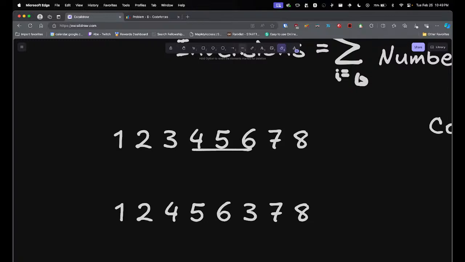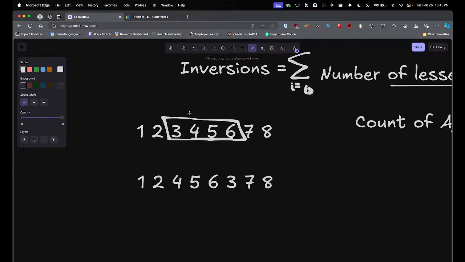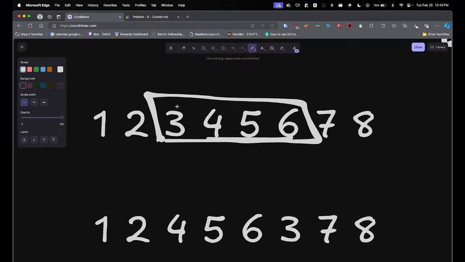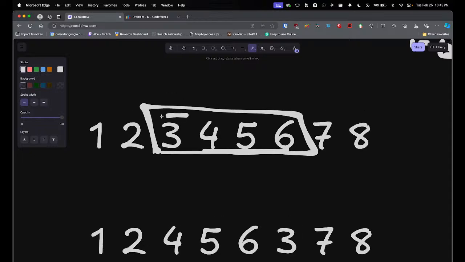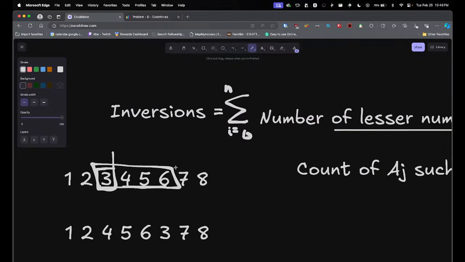Now let's say I want to take this subarray and cyclic shift it. What was the contribution right now? All the future lesser numbers.